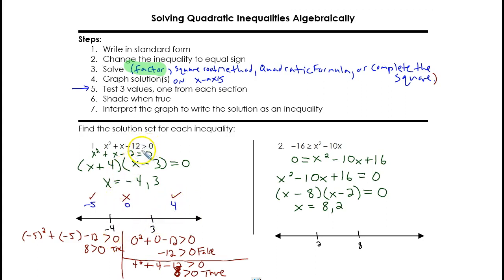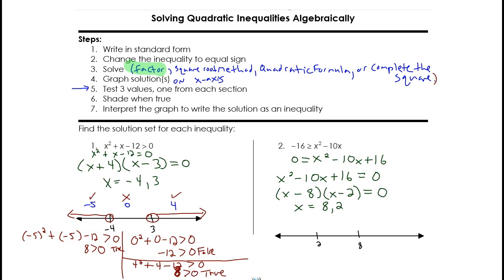Since this is a greater than problem, that means that we are going to use open circles on both of those numbers. We only use closed circles for the greater than or equal to, less than or equal to. And when we shade, we're going to shade out to the edges because those are the ones that worked.